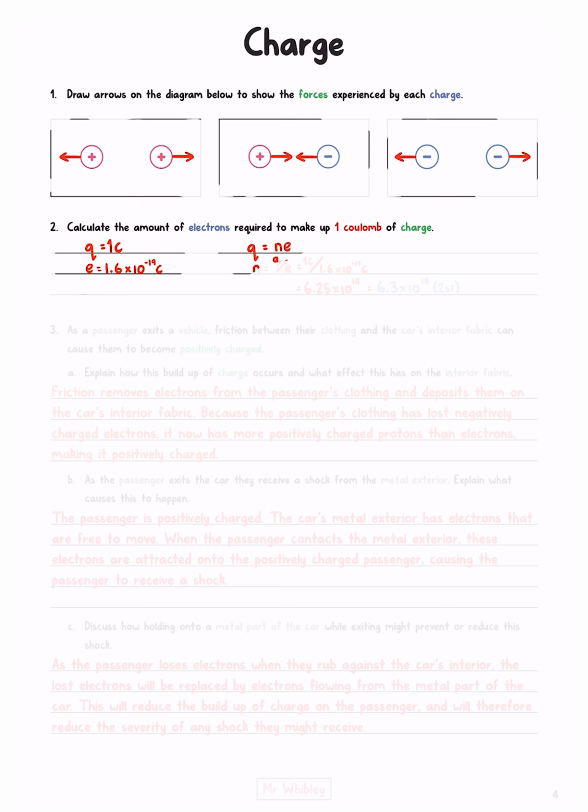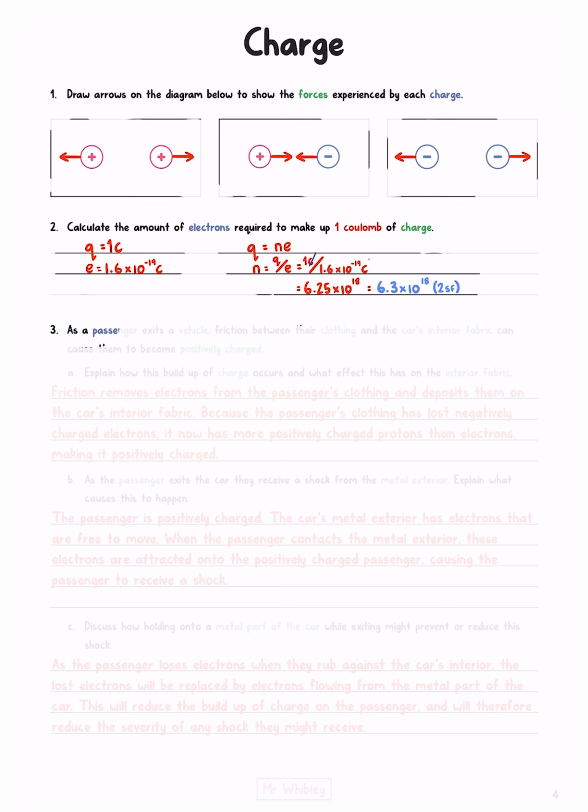Rearranging that for n by dividing both sides by the charge of the electron e, substituting in 1 coulomb and also 1.6 times 10 to the minus 19 coulombs. Our coulombs here cancel, and we just get 1 divided by 1.6 times 10 to the minus 19, which gives us 6.25 times 10 to the 18, or 6.3 times 10 to the 18 to 2 significant figures.